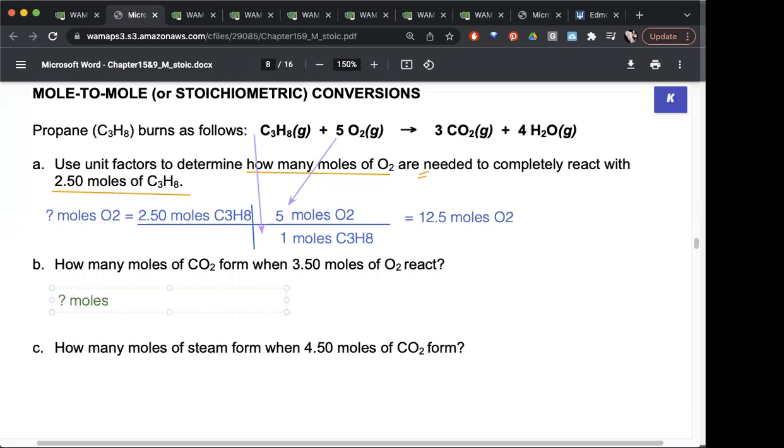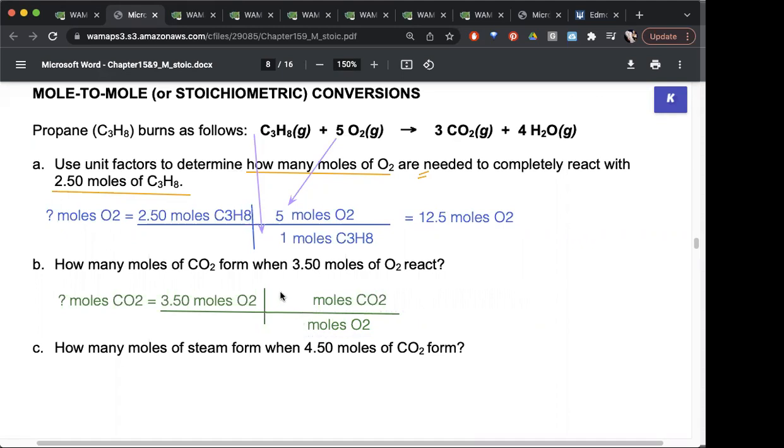How many moles of CO2 will be formed when you use up 3.50 moles of O2? Same process. Cancel out moles of O2 because they don't show up on the answer side. We're going to introduce moles of CO2.